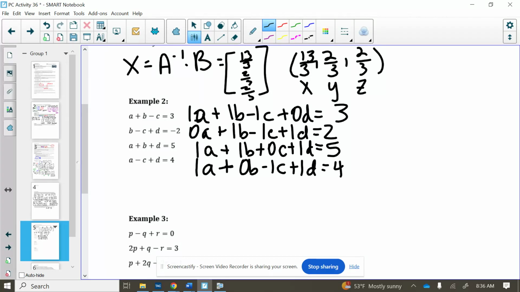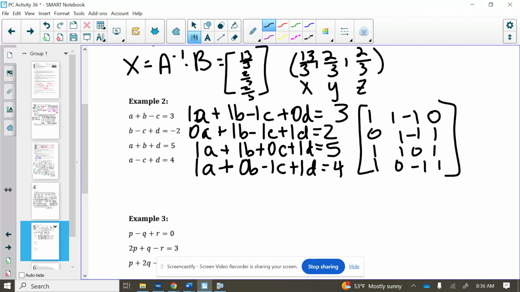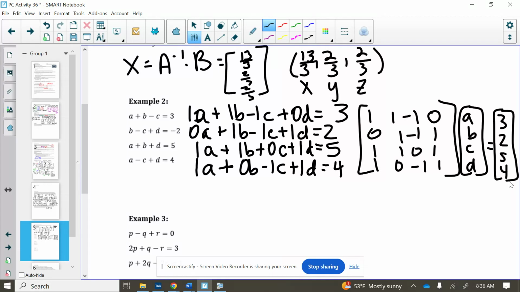Okay, so sometimes it's nice to have that because especially as we set up this coefficient matrix, we have 1, 1, negative 1, 0, 0, 1, negative 1, 1, 1, 1, 0, 1, and 1, 0, negative 1, 1. And again, this time we have officially A, B, C, and D we are solving for, equaling our constant matrix 3, 2, 5, and 4.